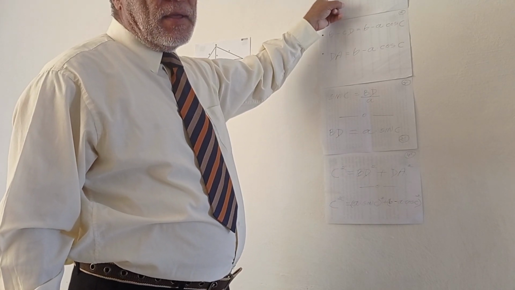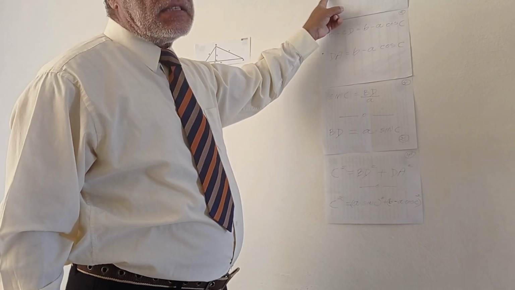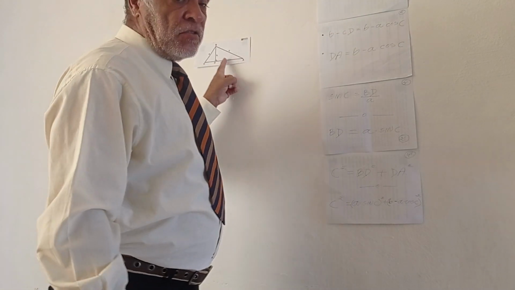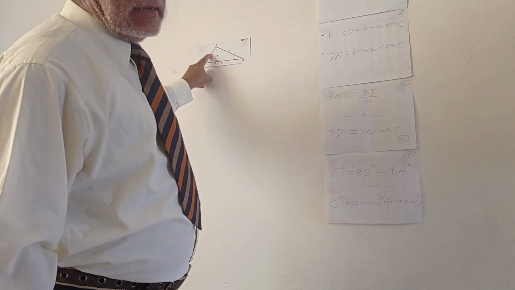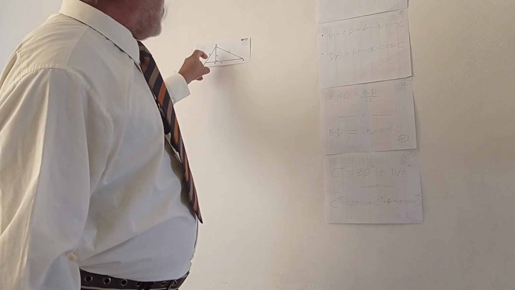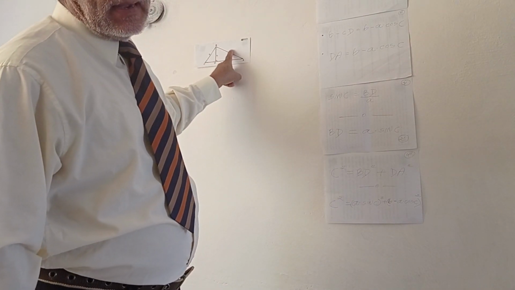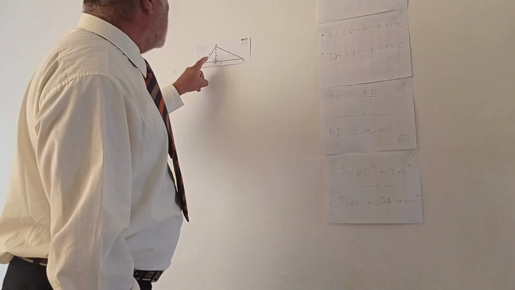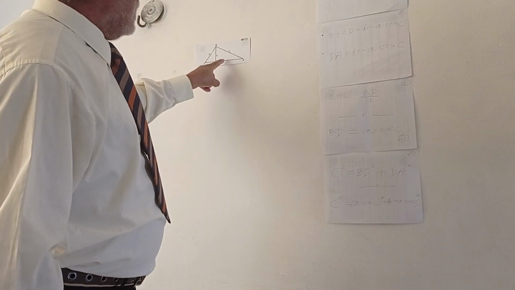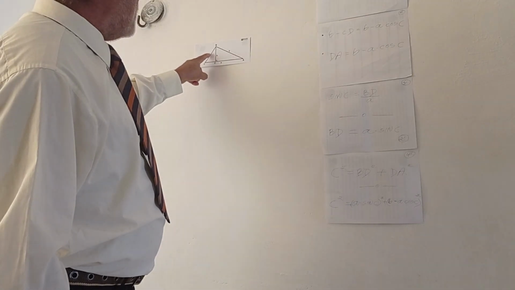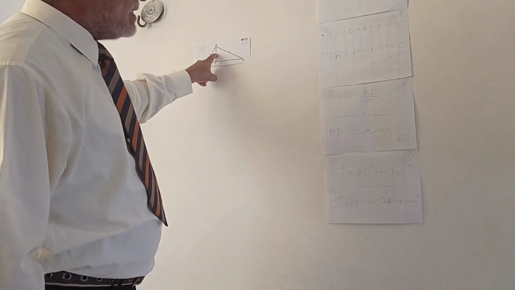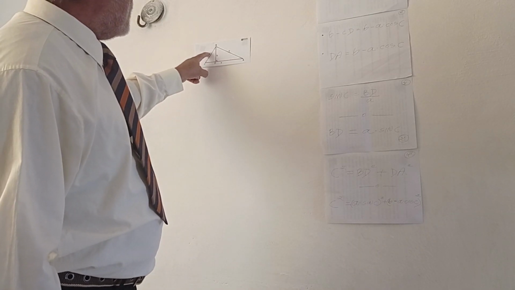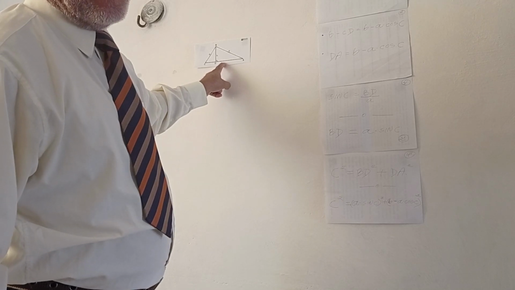The law of cosines states that for any given triangle ABC, with sides a, b, c, we have that c squared equals a squared plus b squared, minus twice a multiplied by b multiplied by cosine of C.